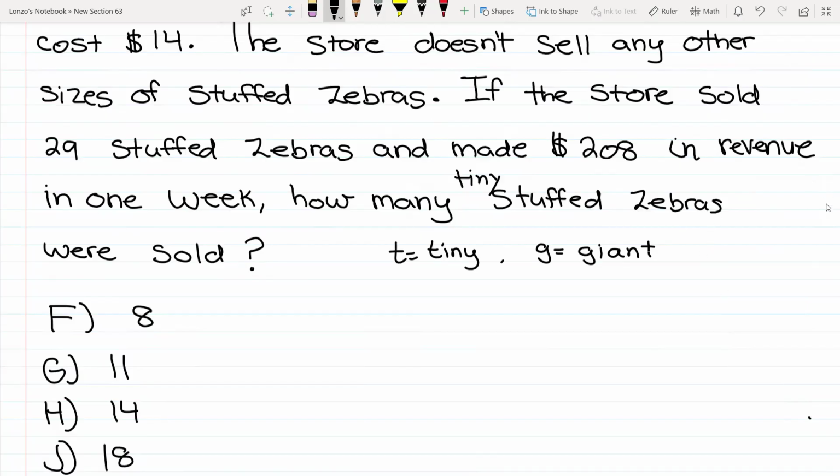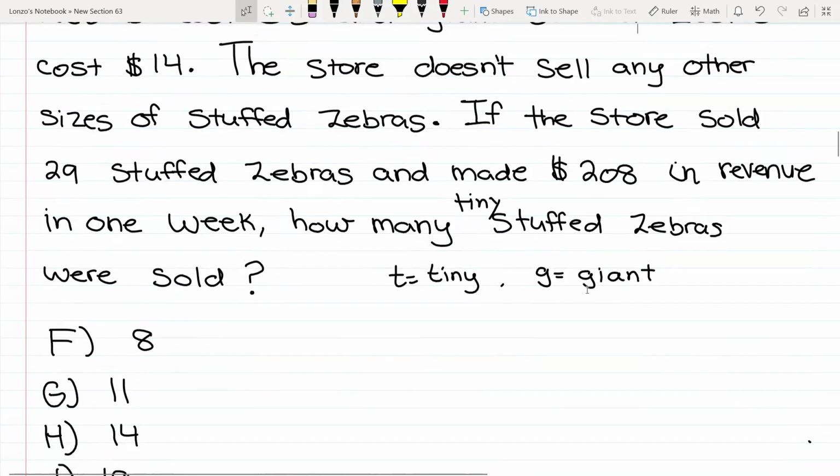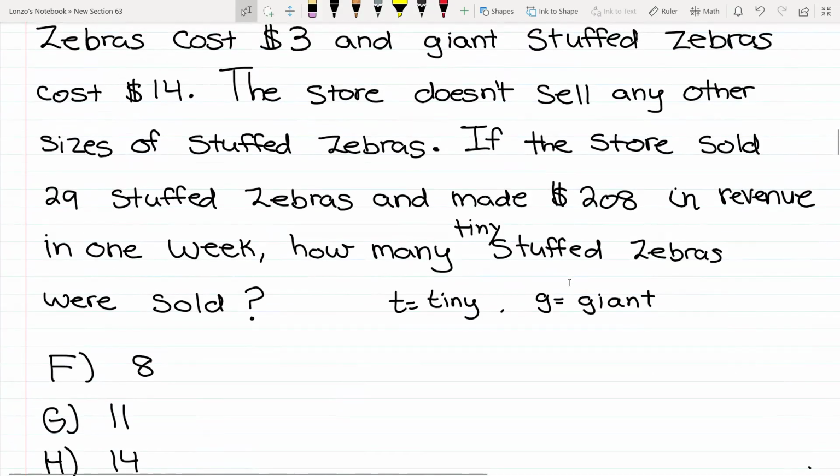We have to be careful. If you look at the sentence, if the store sold 29 stuffed zebras and made $208 in revenue in 1 week, how many?